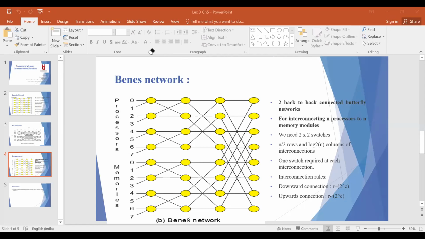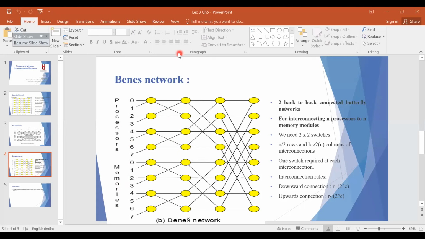Okay. Now, when we talk about this Beans network, first of all, we have to see how many processors have to be connected to how many memory modules. Right now, this shows an 8 cross 8 network, right? Definitely, we need rows and columns of these interconnections.